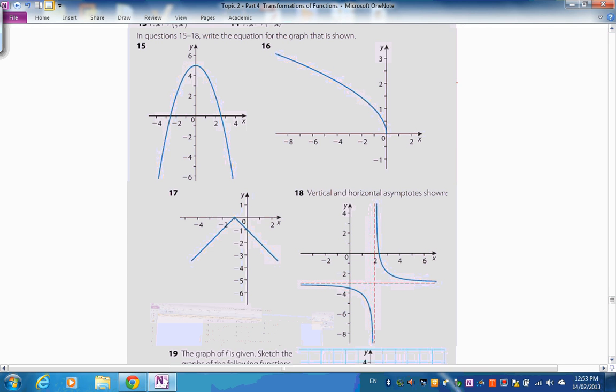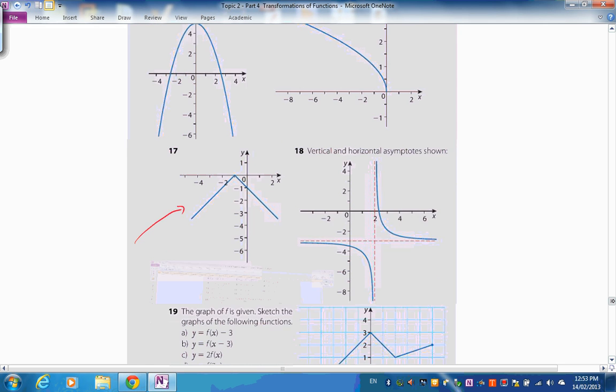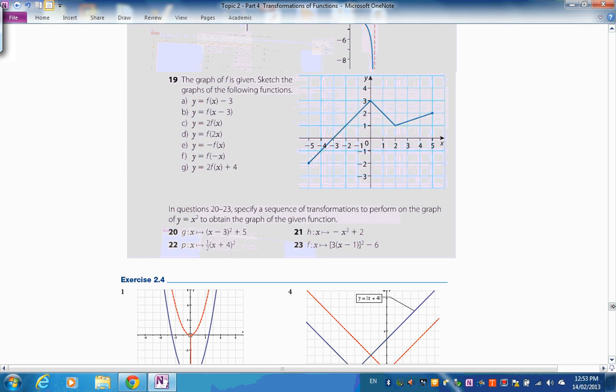I think this is an obvious one over here. There's a reflection or something going on there because the absolute value function was up the other way. So you might have to go back and look at those basic tools, our functions from before, and then we've got some down here.